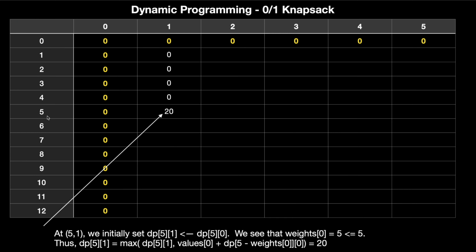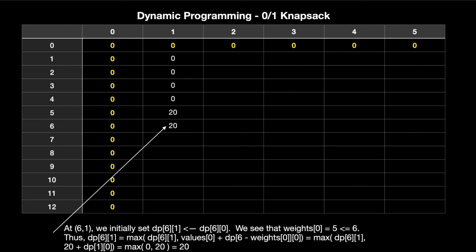So we can either choose this first item or not. So that's why you are taking the maximum of dp of 5, 1, or you take the value of the first item, and that value will be this values of 0, and then you have to subtract this from the 5, and then that will get you 20.